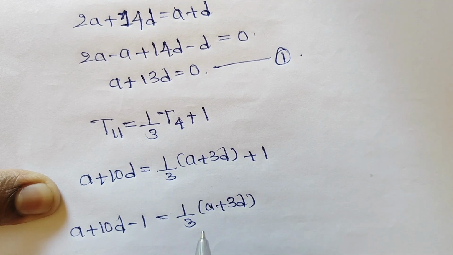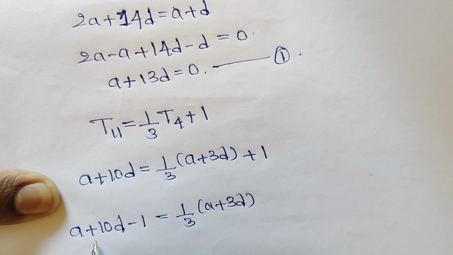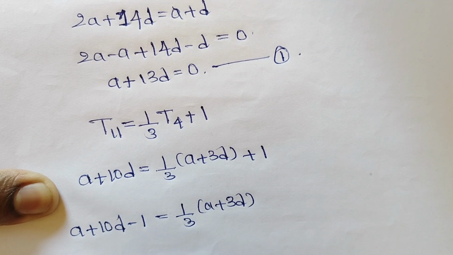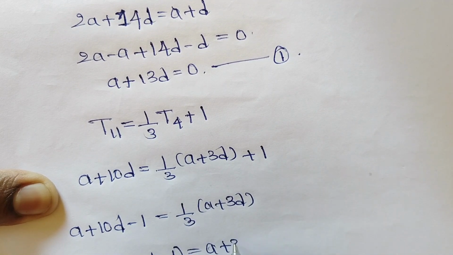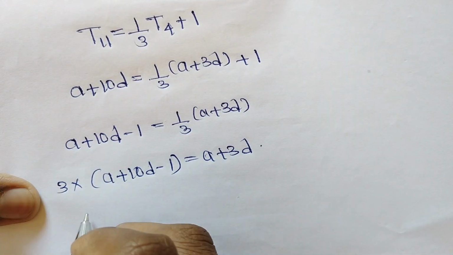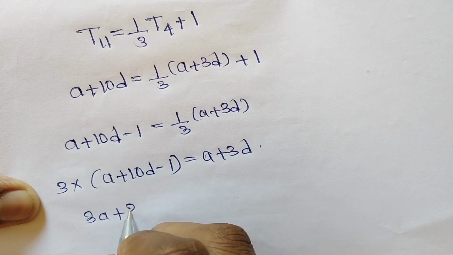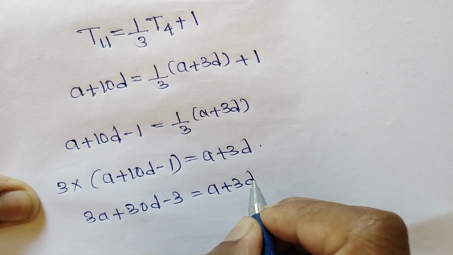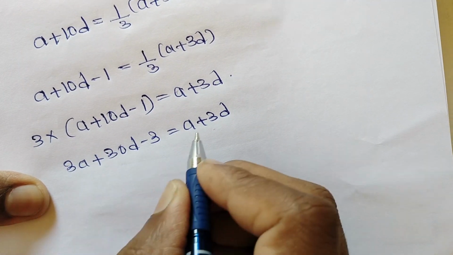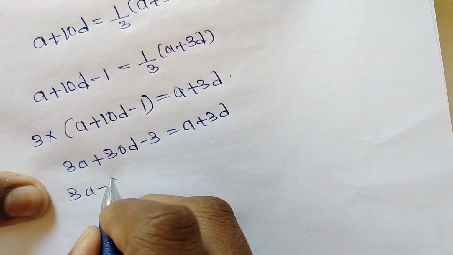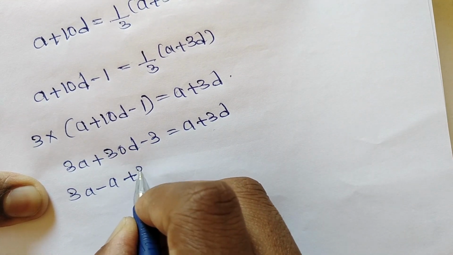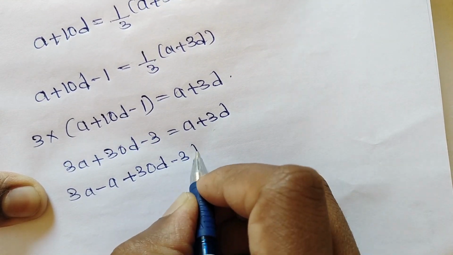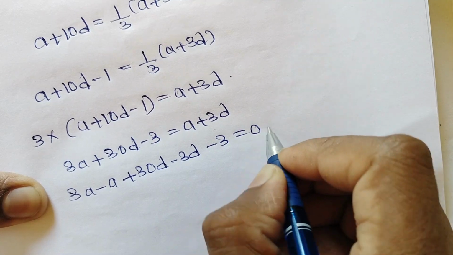Taking the 3 across, it becomes 3a plus 30d minus 3 equals a plus 3d, and taking it to the left side, 3a minus a plus 30d minus 3d minus 3 equals 0.